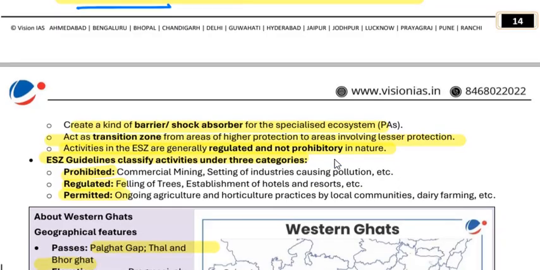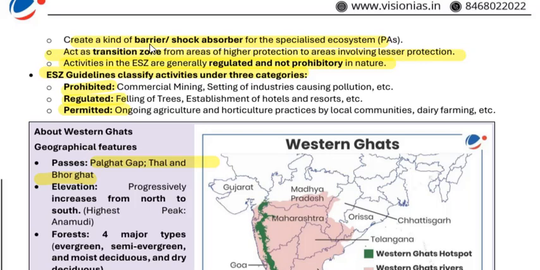It creates a kind of barrier or shock absorber for the specialized ecosystem, that is, to protect the core ecosystem. It acts as a transition zone from areas of higher protection to areas of lesser protection. Activities in eco-sensitive zones are generally regulated and not prohibited in nature.